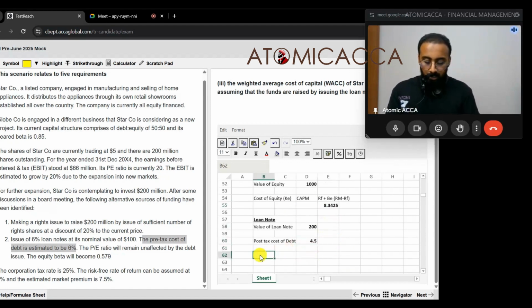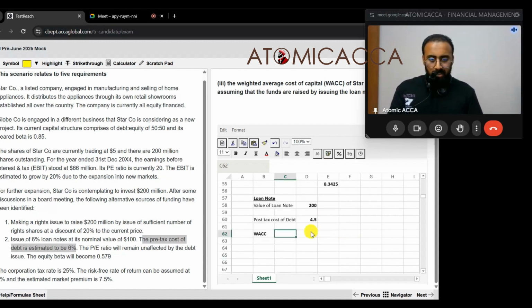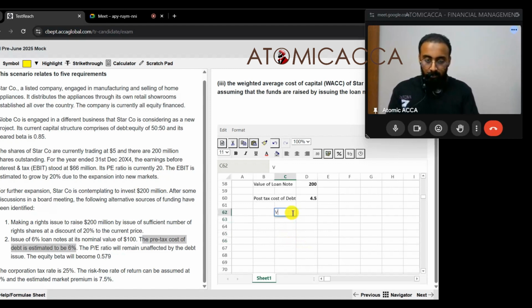Now let's apply it into the WACC formula. How do we get the WACC formula? We're going to take the proportion of equity. How do I take the proportion of equity? There's an easier method. We can just create a small table for this. Value, cost. Okay, this will be our headings.